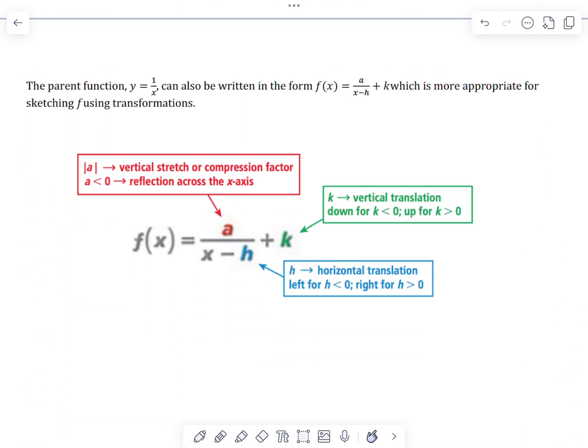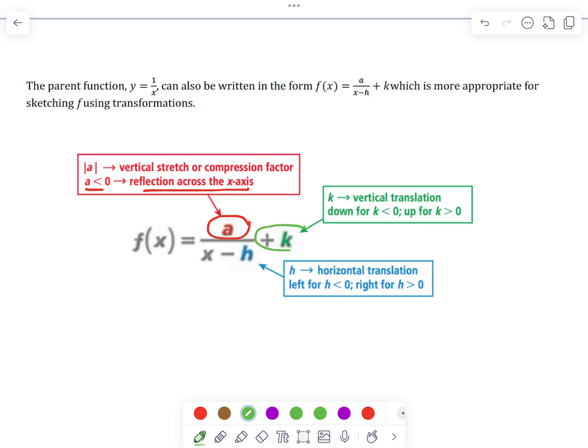The parent function y equals 1 over x can also be written in the form f of x equals a over x minus h plus k. And these are where we have our transformations. So in the red, if you have a negative a, it's going to reflect across the x-axis. And if the a is adjusted, you could have a vertical stretch or compression.